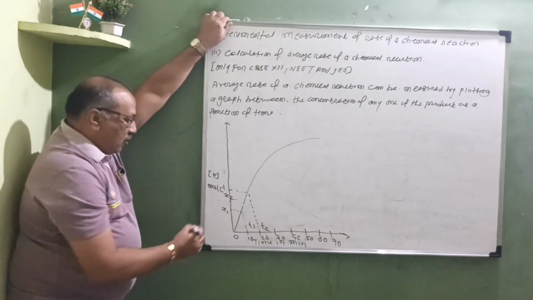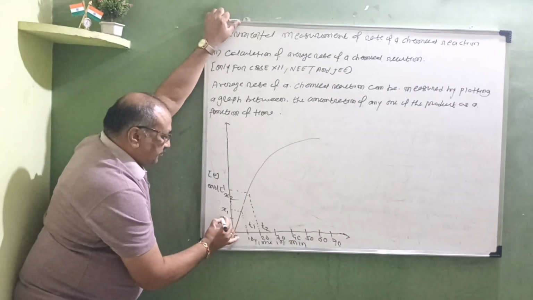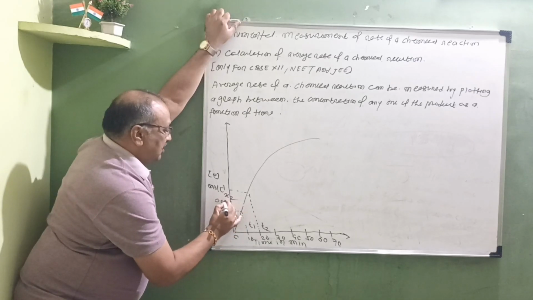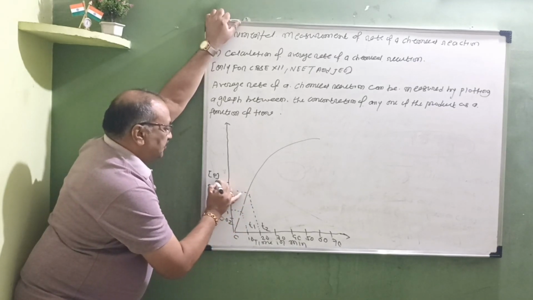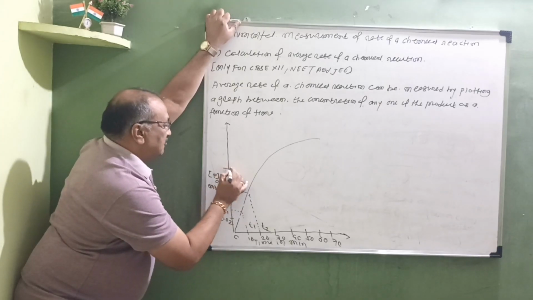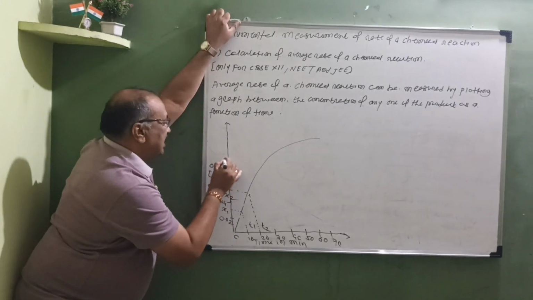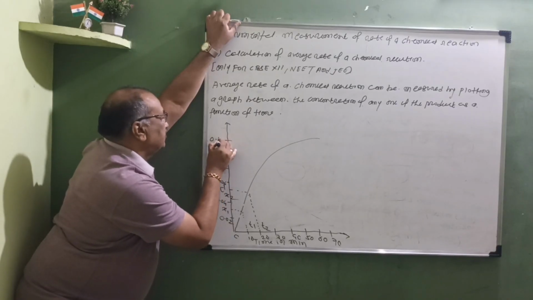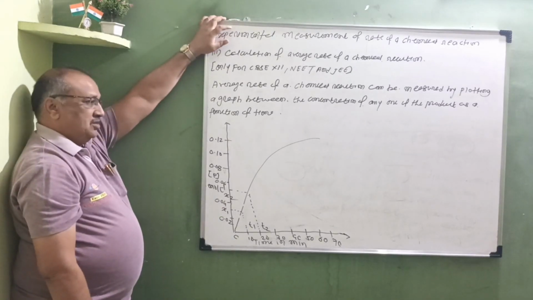Here write down 0.02, 0.04, 0.06, 0.08, 0.10, and here 0.12.